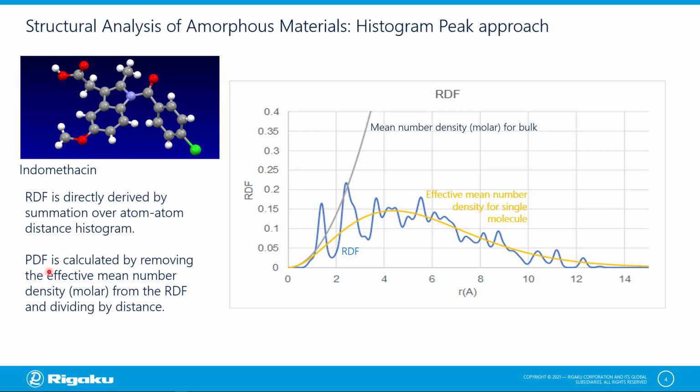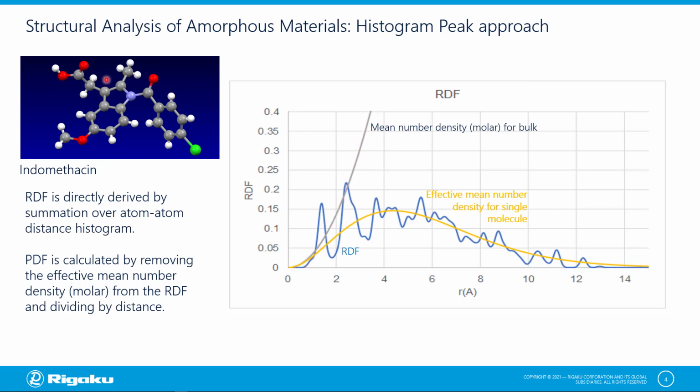Now, the PDF is simply calculated by subtracting the mean or the effective mean number density from the radial distribution function. Now, for bulk material, the mean number density in molar units in this case follows this gray solid line going up here.